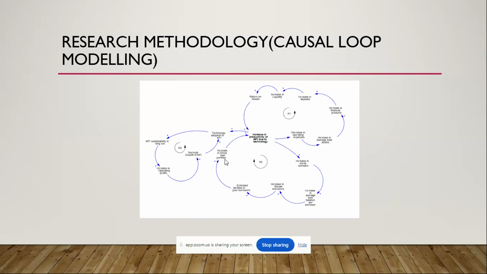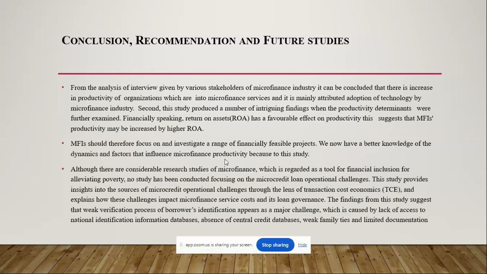Okay, my conclusion says that in the microfinance industry, there is an increase in productivity of organizations which are into microfinance services, and it is mainly attributed to the adoption of technology by microfinance borrowers. My second conclusion says that microfinance should therefore focus and investigate a range of financially feasible projects.